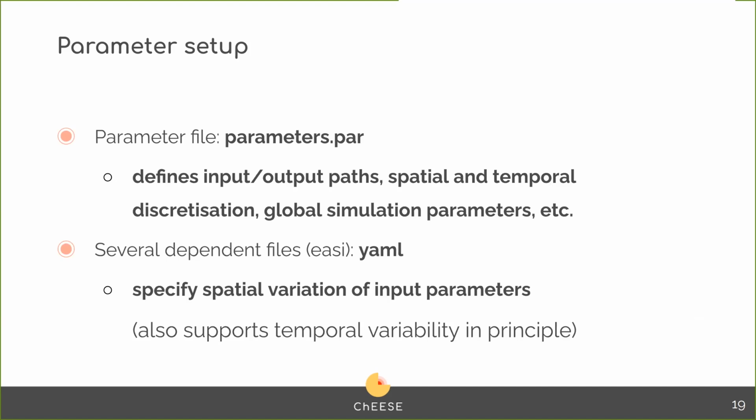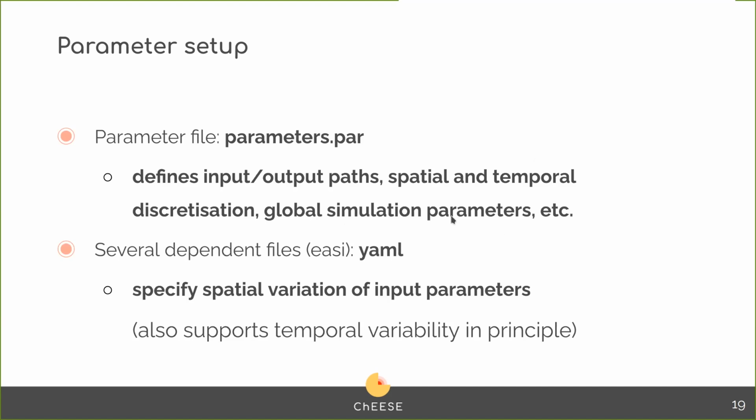The parameter files of SeisSol are composed of a main parameter file that we usually call parameters.par, which will define the input files and the output files, what kind of output we want to generate, and at which spatial and temporal frequency. This will also define some global simulation parameters, like, for instance, whether we want to enable local time stepping, or other parameters.